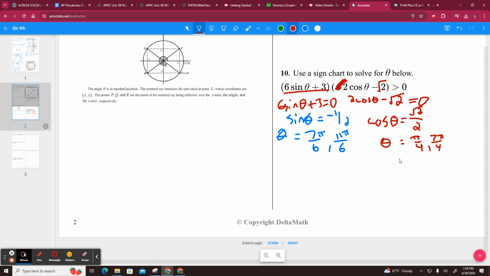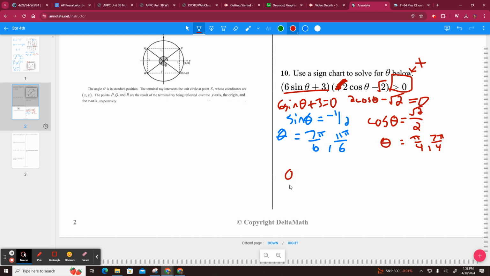Okay. So when I go to my chart, just to remind us of what we're looking for, I'm looking for all the values that are greater than 0. So not greater than or equal to, so I only want positive values here. So when I'm doing this, I've got to write these in order.